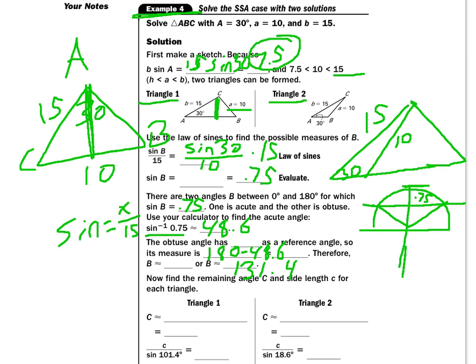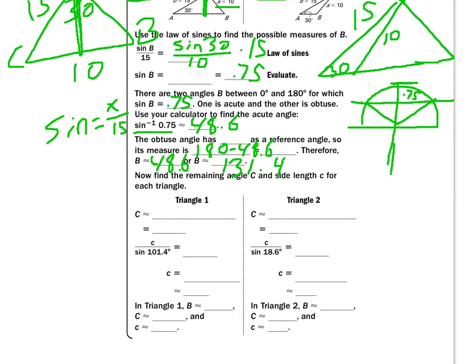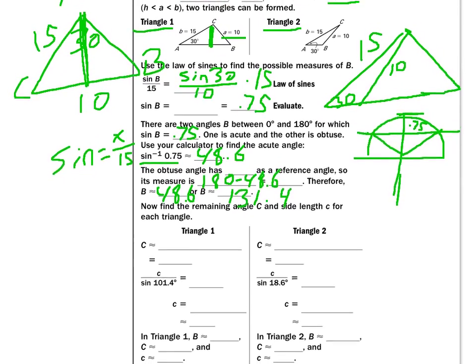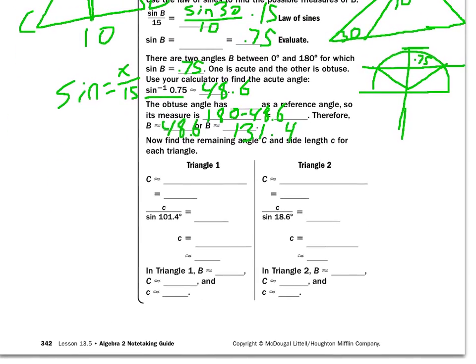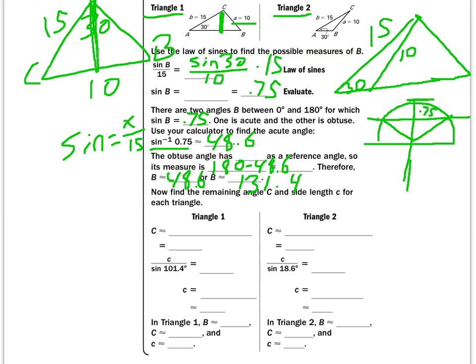Those are my two possible angles, 131.4 or 48.6. Okay, so we found B. So when we're looking at the triangles, we're going to say triangle 1 has a B of 48.6, and we'll say triangle 2 has a B of 131.4.